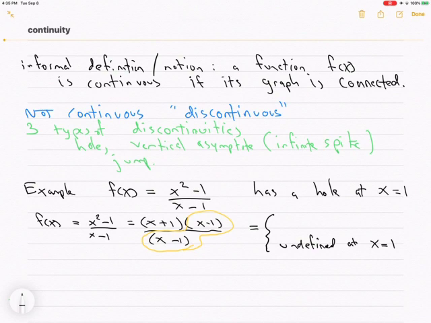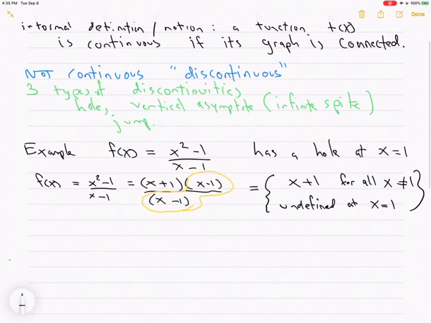But if x is not equal to 1, then we can cancel out the common piece. And when we cancel out, this is what we get. We get x plus 1 for all x except for 1. And so the function f of x really looks just like the line y equals x plus 1, except it's undefined when x is equal to 1.